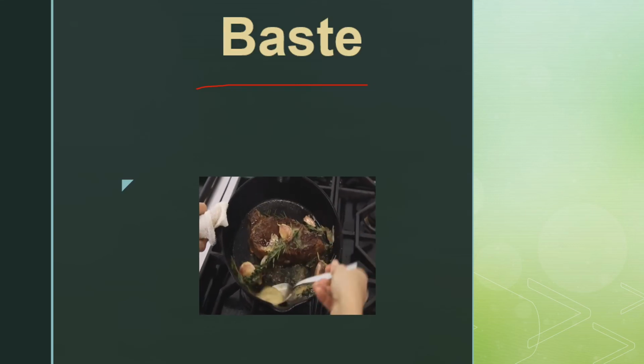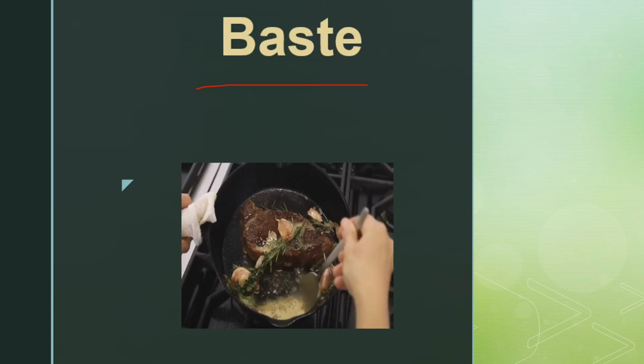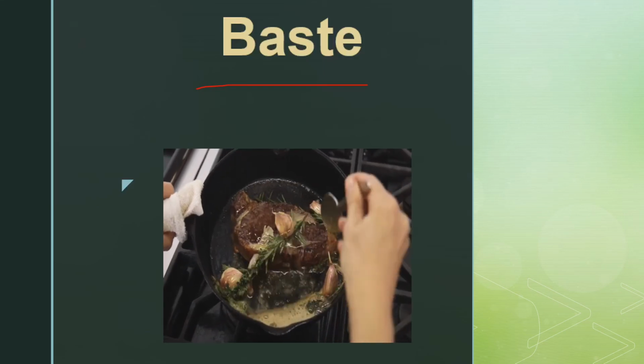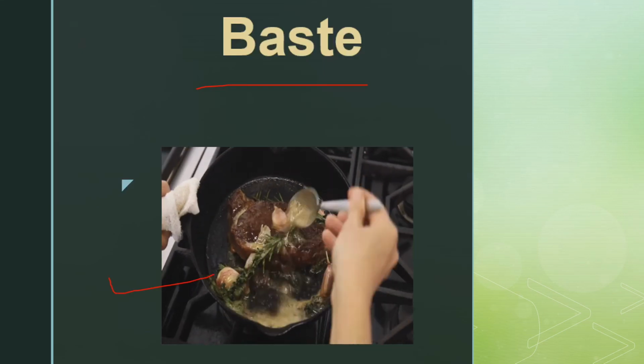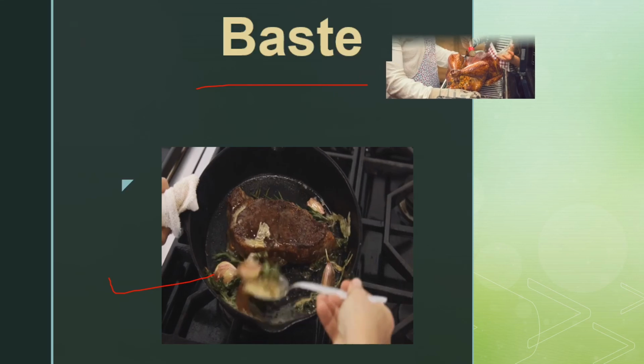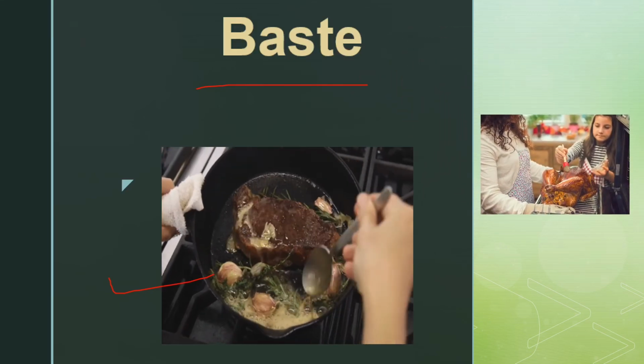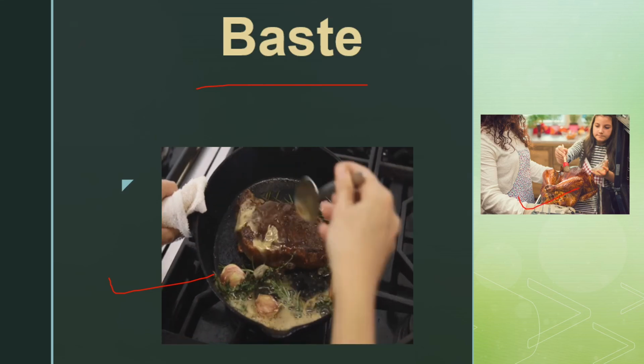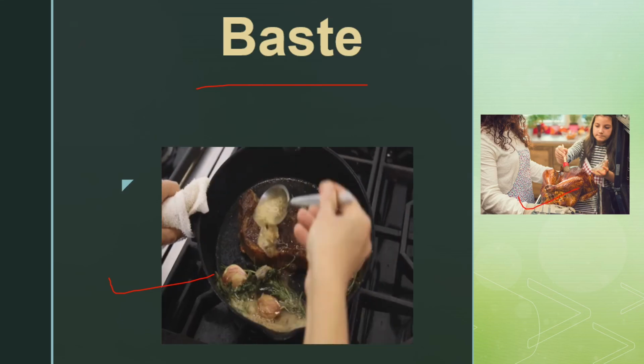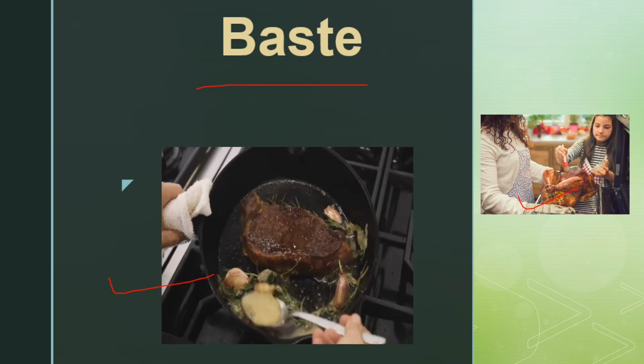You can baste the food by spooning the liquid over the food periodically as it cooks like this, or you can do it by brushing it with a basting brush as this little girl is doing. So she is basting the turkey at regular intervals.